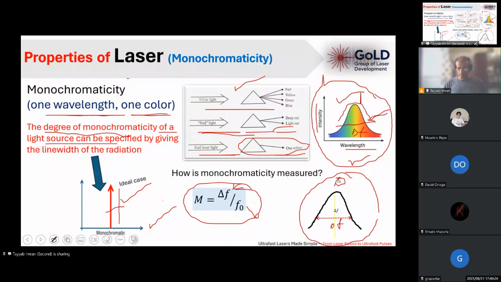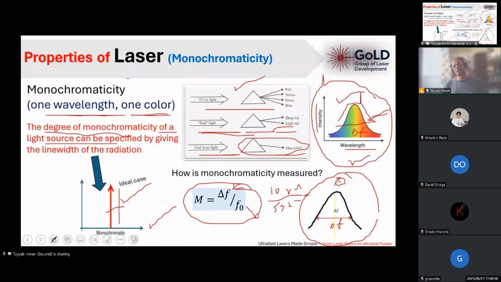Let's suppose the bandwidth is 10 nanometers, and the center wavelength is 532 nanometers. I cannot write properly here. Anyway, you divide 10 by 532, and the nanometers cancel with each other.